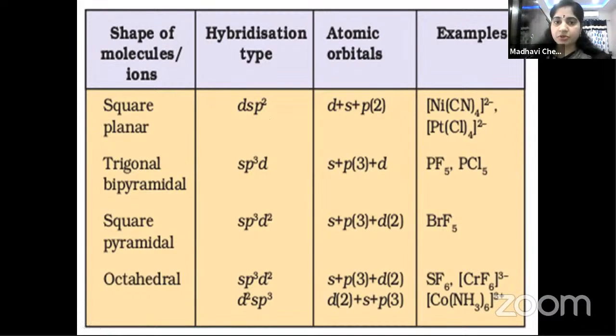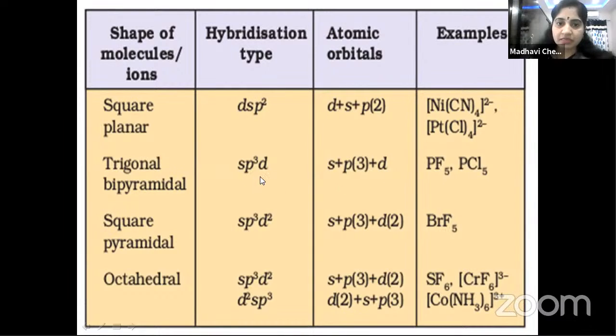How many dsp2 hybrid orbitals will we get? A total of 4 dsp2 hybrid orbitals, because 1 plus 1 is 2, 2 plus 2 is 4. 4 dsp2 hybrid orbitals we will get, and the structure will be square planar. Examples for such dsp2 hybridization are [Ni(CN)4]2- and [PtCl4]2-.